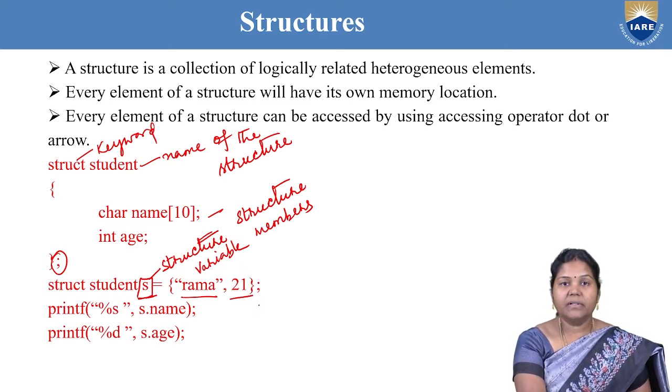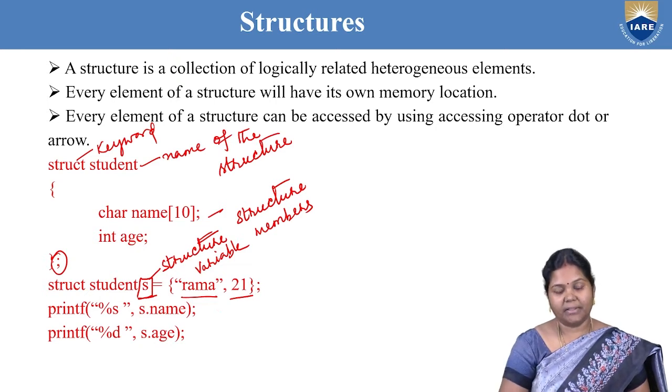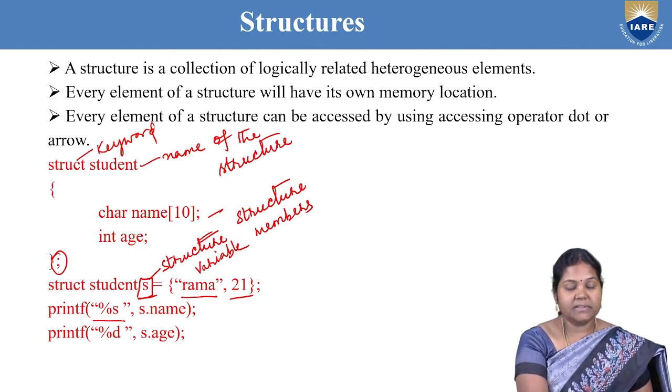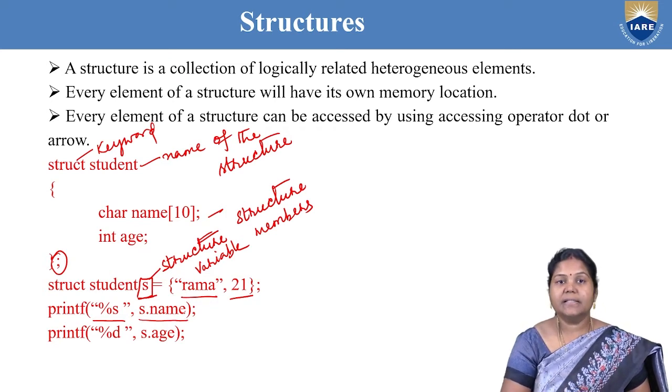Now, if you want to display the content of the structure members, then you have to take the help of the dot or arrow operator. Here, the structure variable is a simple structure variable, so we will use the dot operator. So, we write percentile S dot name. To access any structure member, we write the structure variable dot structure member.